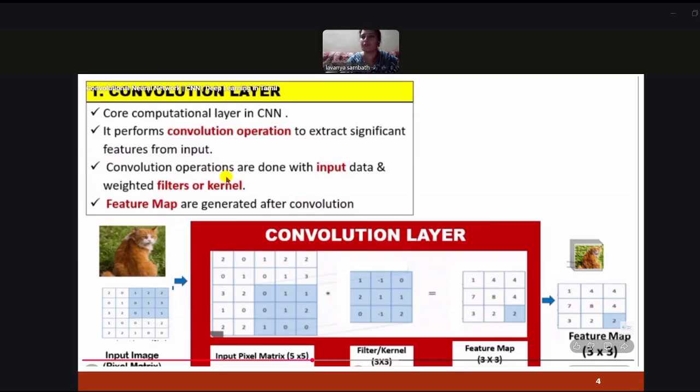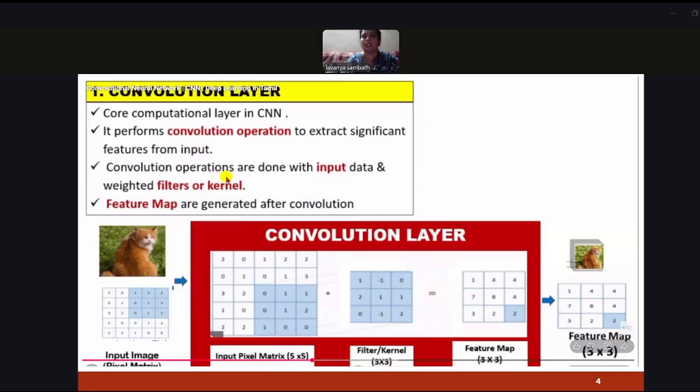The filters in a CNN model have certain weights. You can see here a 3x3 kernel, which has a certain weight for each cell. Based on the kernel you have chosen, you will be able to extract a particular feature map.